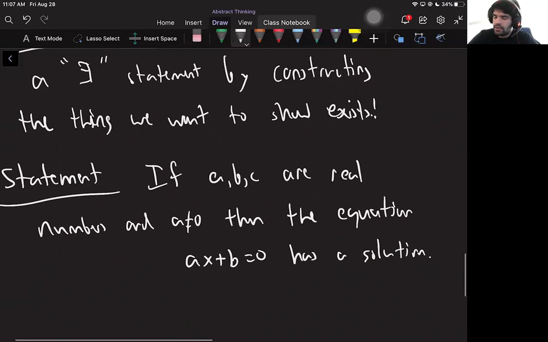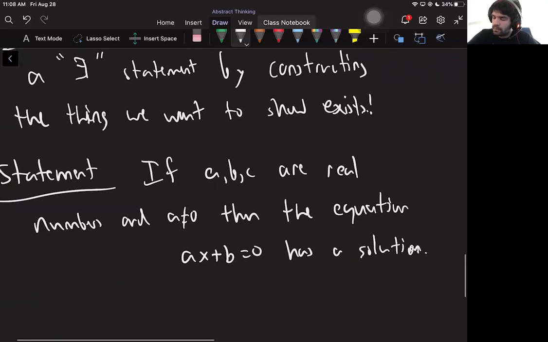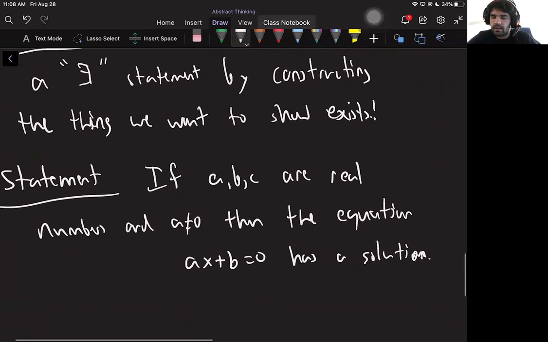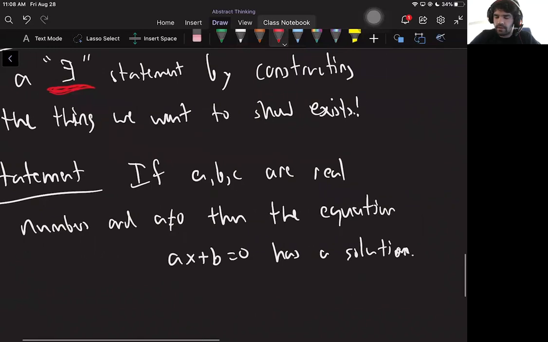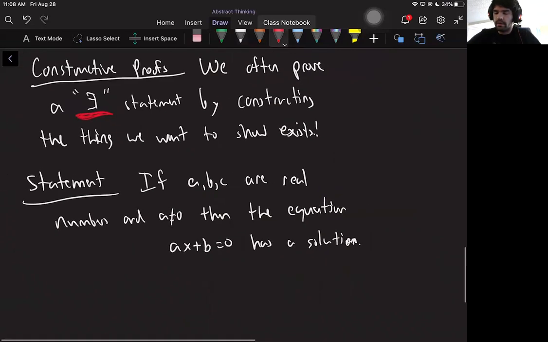So in this situation, I just said it often shows up in a there exists statement, but then I didn't write the words there exists in this statement at all. Well, oftentimes you can think of the same statement in many different ways if you're just very careful about it. So really, this is a there exists statement.